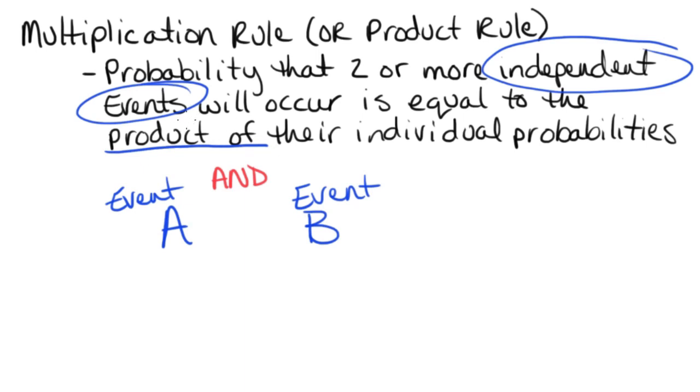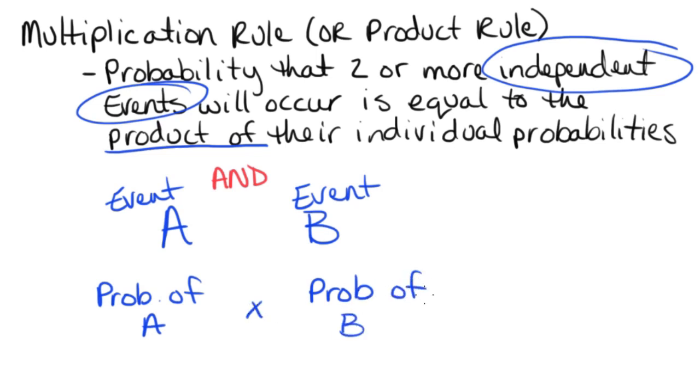So we're going to end up multiplying the two together. We will figure out the probability of A, and then we'll figure out the probability of B, and we'll multiply them together, and then we get the probability of both of them occurring.